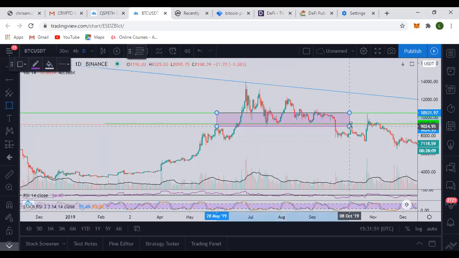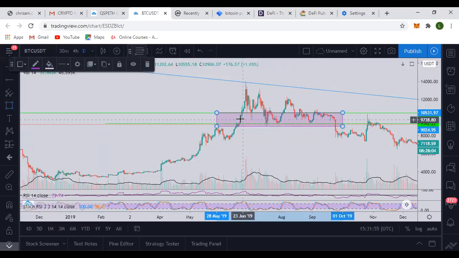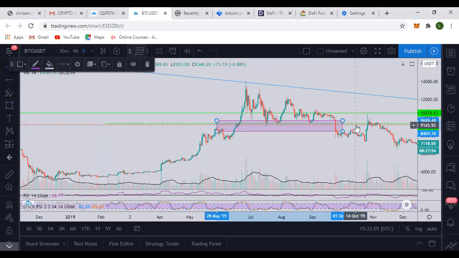Okay, this is my support and resistance range. This is an area where price comes in, bounces, and goes right or back.